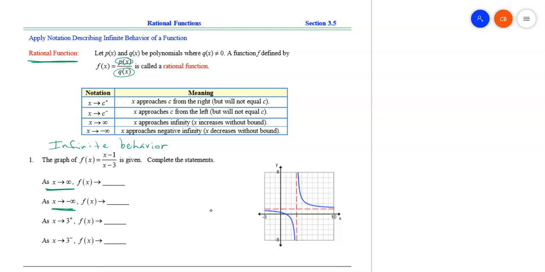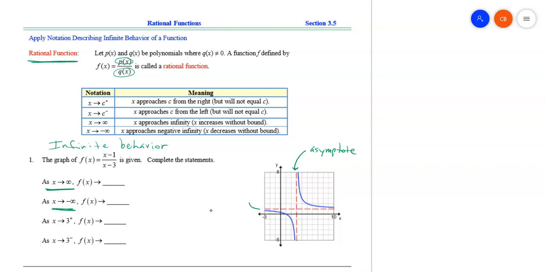It's possible to have some kind of infinite behavior in between, and that behavior is happening around these things over here that are called asymptotes. An asymptote can either be a vertical asymptote, or it can be a horizontal asymptote like we have over here.